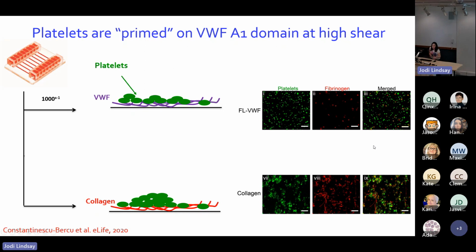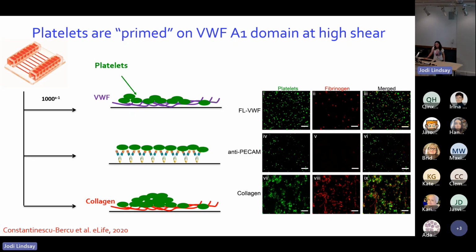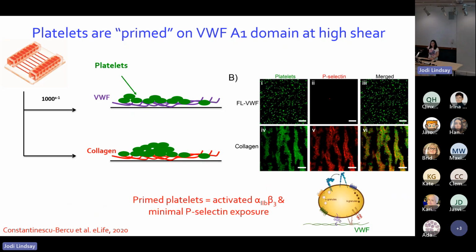At the bottom, if you compare, when we perfuse blood on collagen-coated microchannels, collagen being a very strong agonist for platelets, the signal is much reduced. If we use an antibody against a platelet receptor that does not signal, PECAM1, you do not see activation of alpha 2B beta 3.